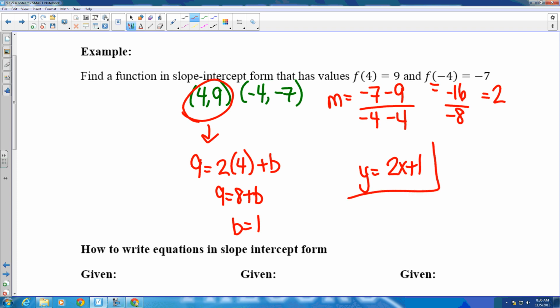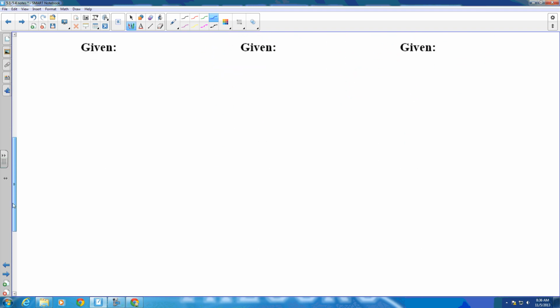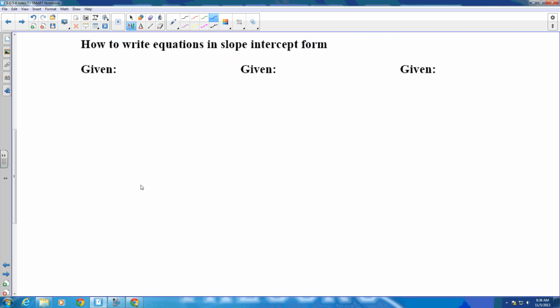So far we have done review of what we did yesterday on your worksheet. Okay, so how to write slope-intercept form given. First one is going to be given the slope and y-intercept. There's a little picture.